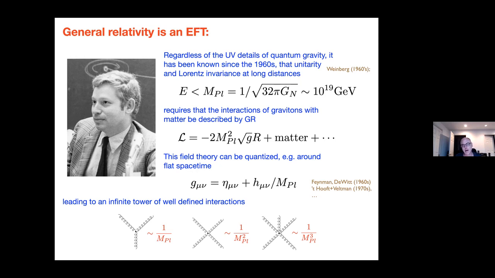Meaning that you can take this Lagrangian, quantize it around the fixed background, like let's say flat spacetime, expand out in powers of the graviton field, read off Feynman rules, and calculate observables. And of course, if you do this, you get an infinite number of self-interactions from expanding root g, R.